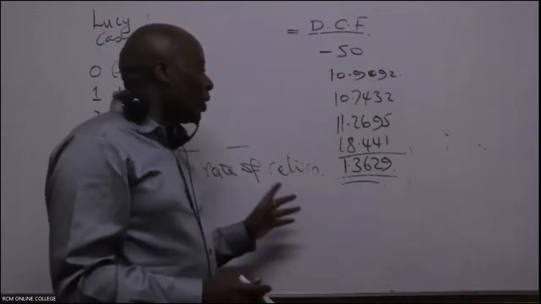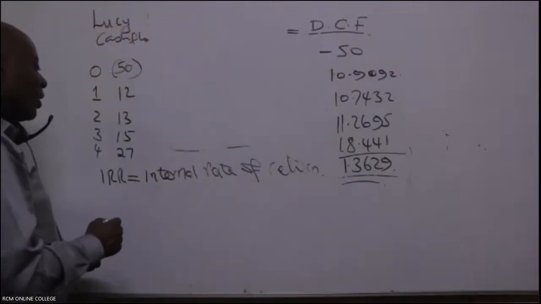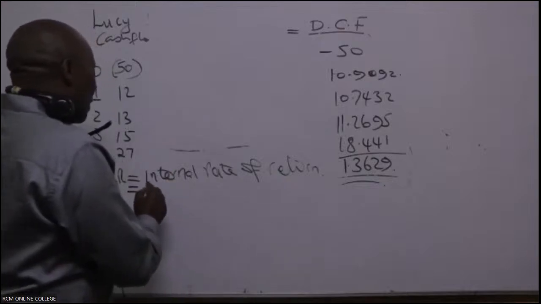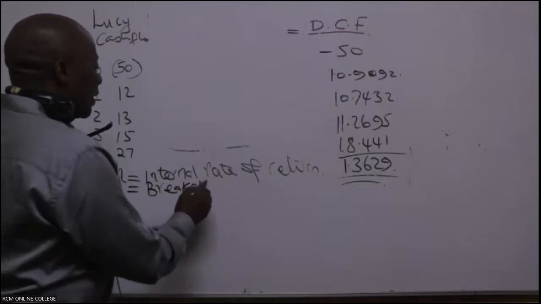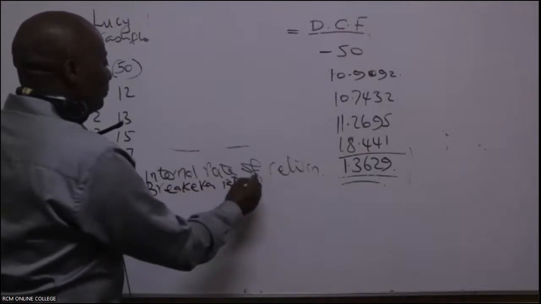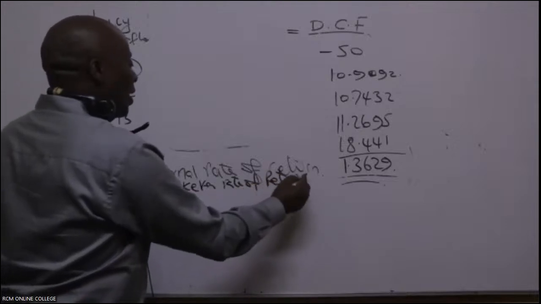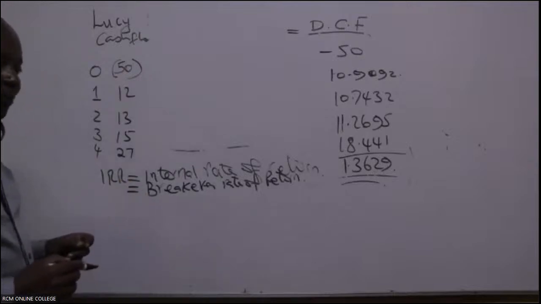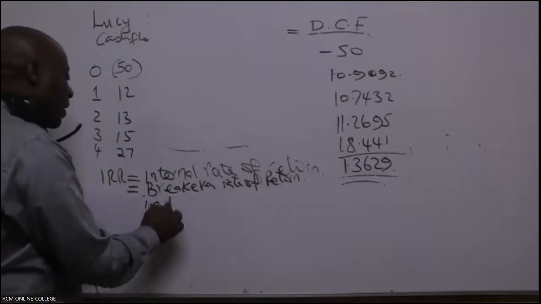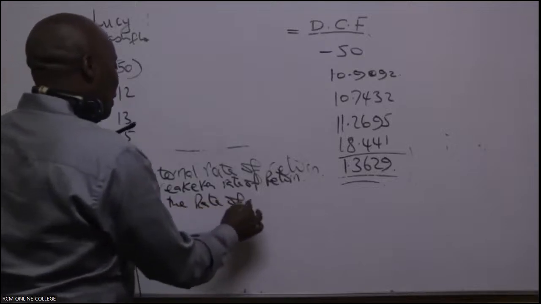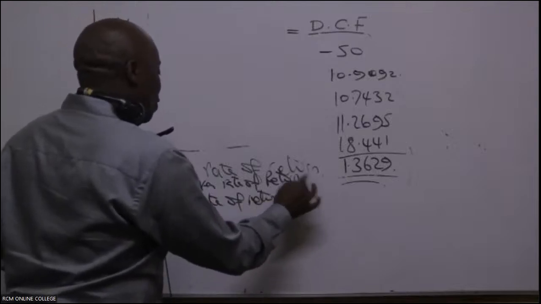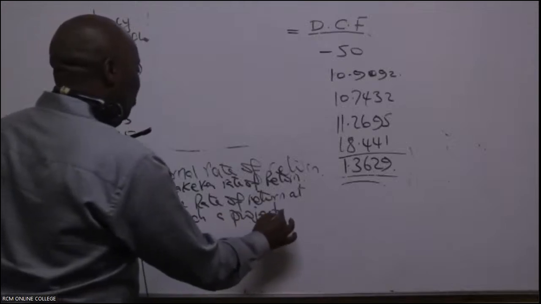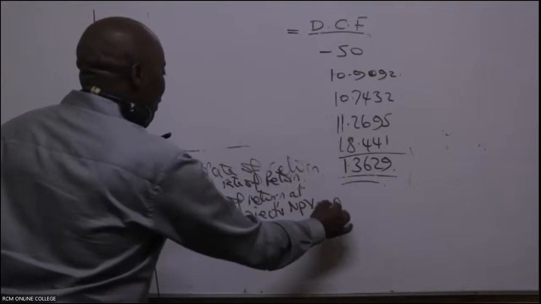Great. So then I would want to take you back to this IRR. Remember IRR, this internal rate of return, is also known as the break-even rate of return, i.e., the rate of return at which a project's NPV equals 0.